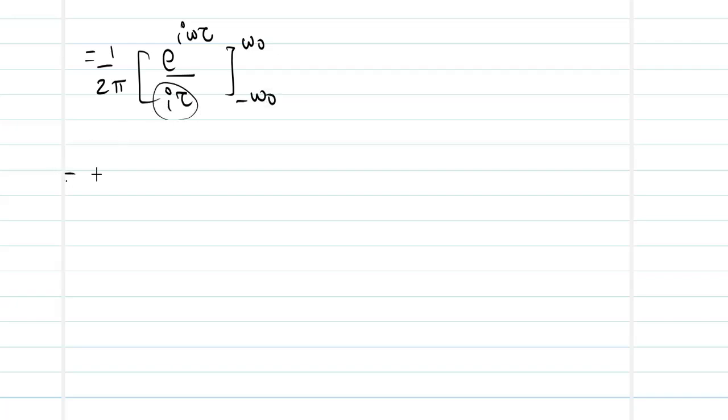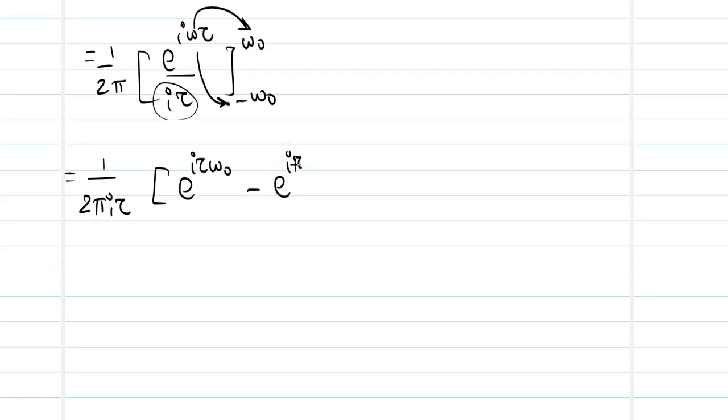i tau is a constant. Let me pull it outside. 2 pi i tau. Omega is my variable, which takes the upper limit omega naught and the lower limit minus omega naught. So you have e power i tau omega naught minus e power i tau times the lower limit. What is the lower limit? Minus omega naught, so the minus sign comes outside. Now consider this is of the form e power i theta minus e power minus i theta.